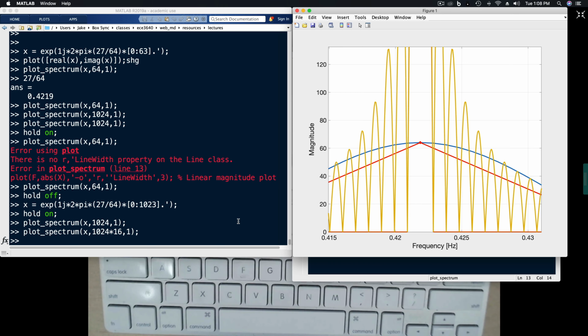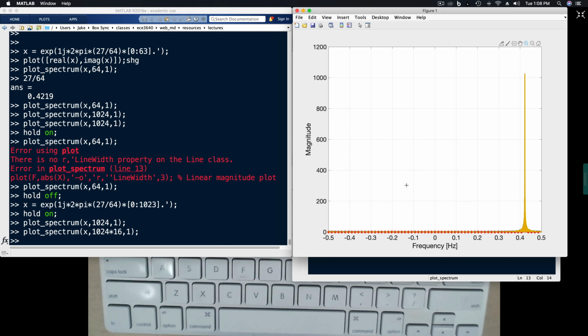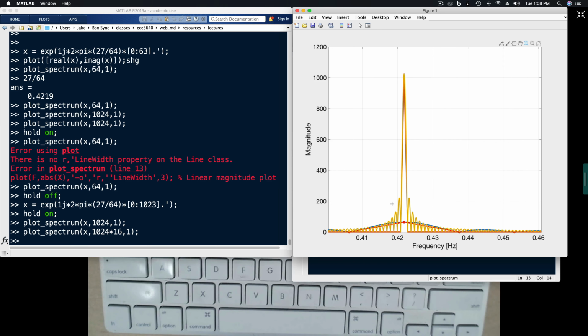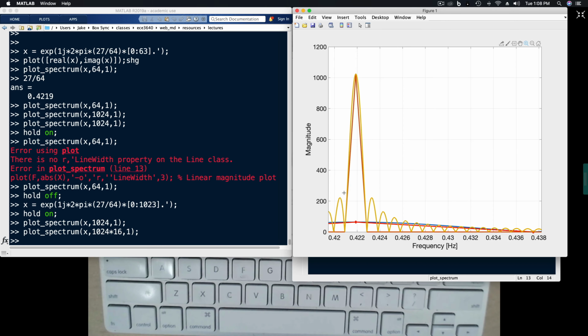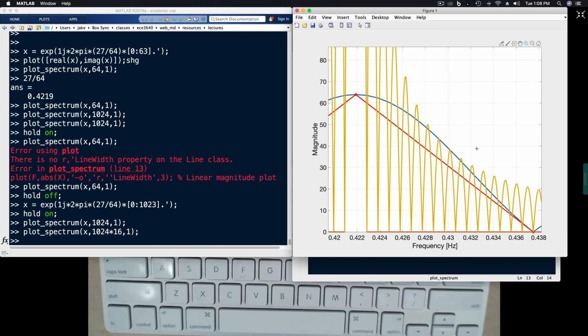If we want to change the resolution, I would say that the transform of the 1024-point sequence is higher resolution. Resolution meaning that the width of this main lobe is narrower for the longer data segment than it is for the short data segment. So in the short data segment, our main lobe is quite wide, but for the long data segment, the main lobe is narrow.